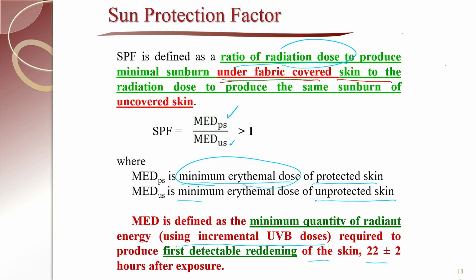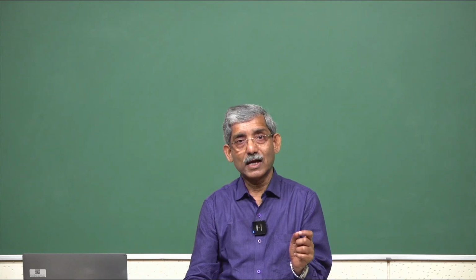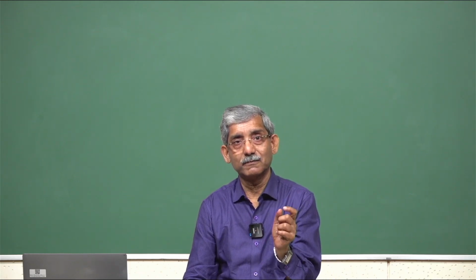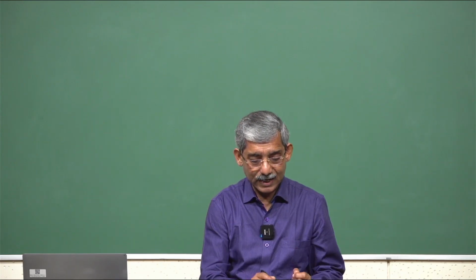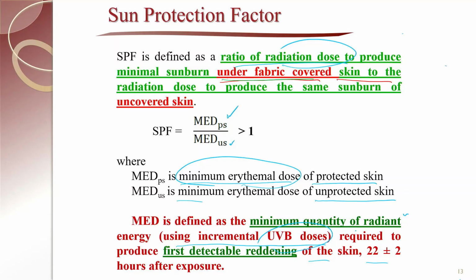That is the standard, long exposure. When the dose of UVB radiation is gradually increased, as soon as redness is detected, we can get that value, the minimum quantity of radiant energy.